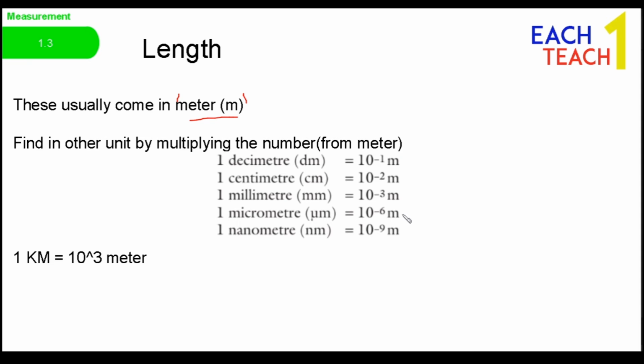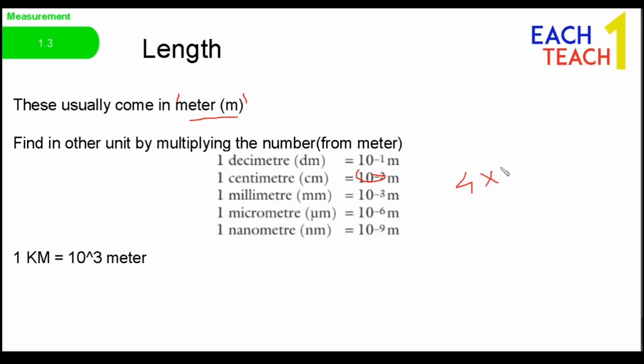you can just take that meter and multiply it by this. Suppose I want to convert 4 meter to centimeter. Just take 4 into, if you check this text, you can see that it is 10 raised to minus 2.